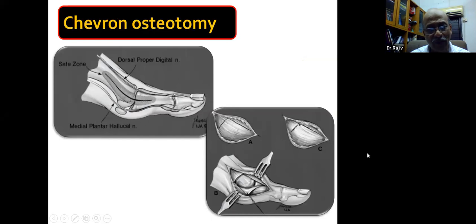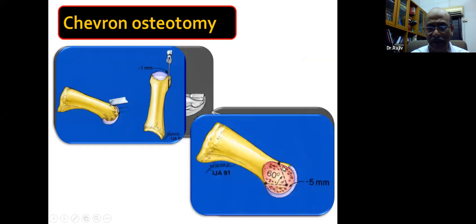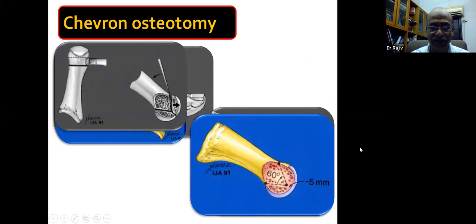How do you do a chevron osteotomy? In a chevron osteotomy, you give a medial incision, remove a sliver of the medial eminence to reduce it, and then mark the osteotomy at a point 5 millimeters from the head of the metatarsal, right into the center, marking two limbs of this osteotomy which make a 60-degree angle with each other.